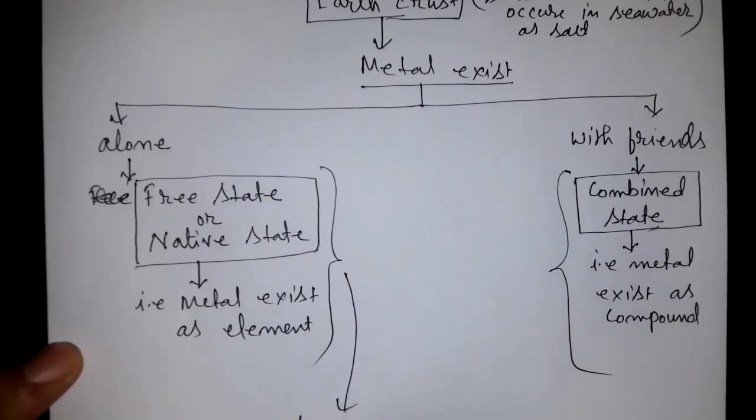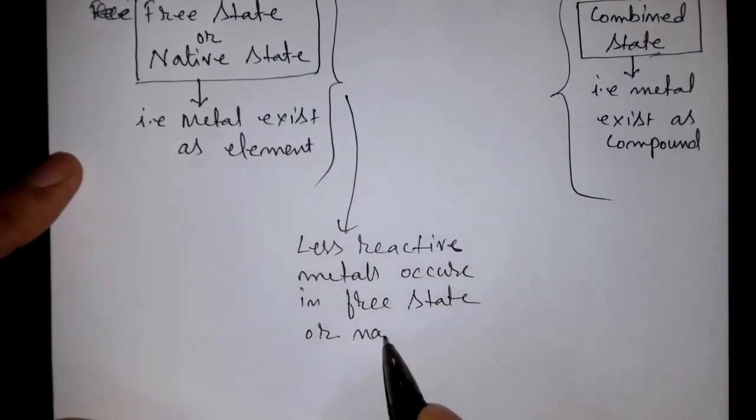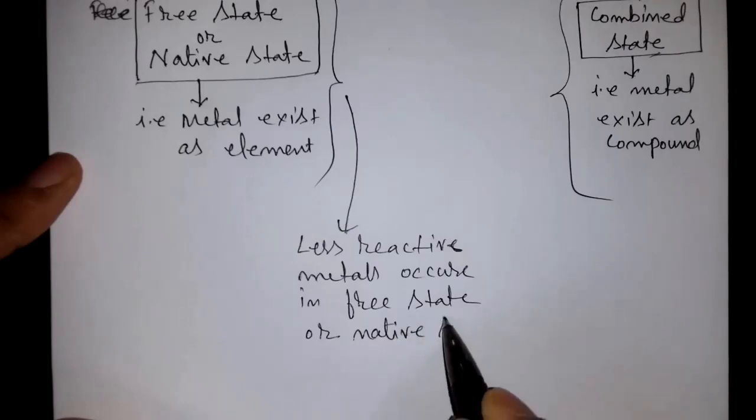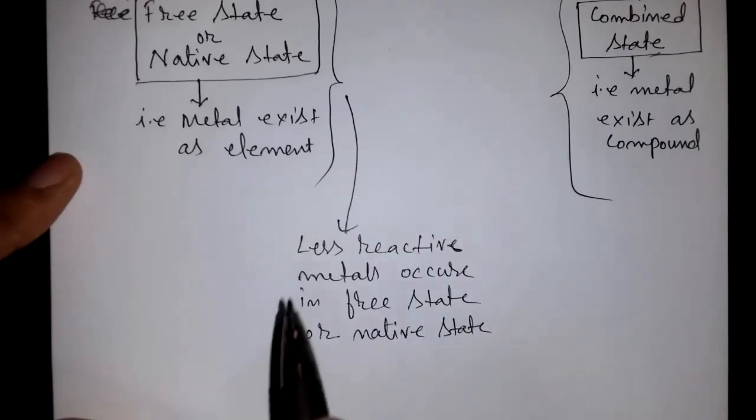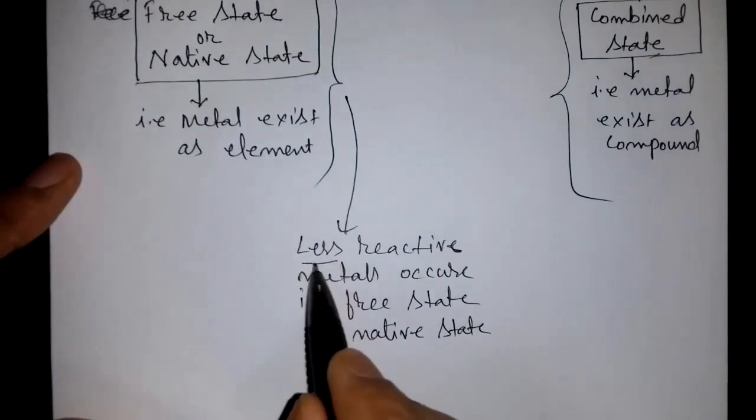So in this category, less reactive metals occur in free state or native state. What type of metal exists in free state or native state? The metals which are less reactive.